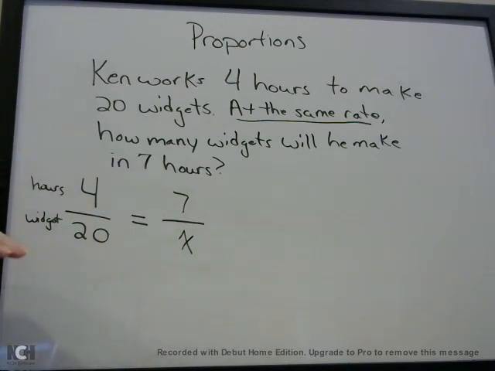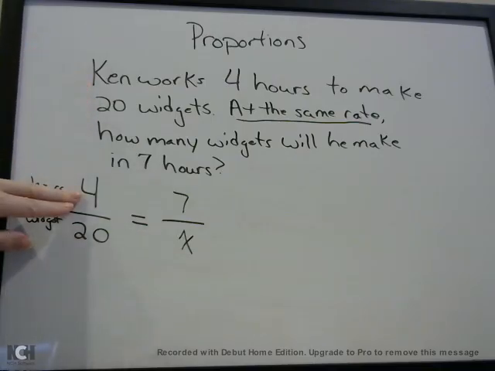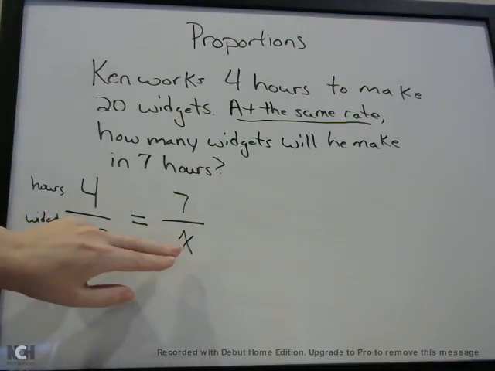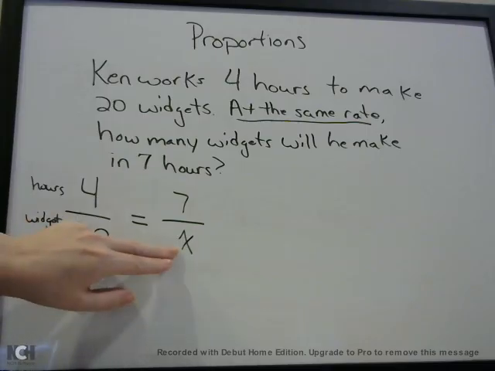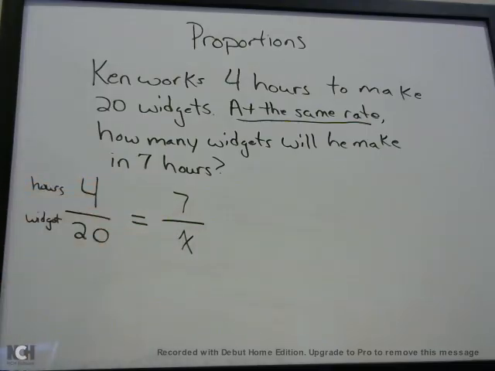I'm just showing you how to set the problem up, where you look at the first part of the problem, 4 hours, 20 widgets. At the same rate, how many widgets will he make in 7 hours? We don't know how many widgets, so we put that on the bottom, 7 hours on top. Now we're going to do essentially the same thing we did in the last problem: what makes these two ratios or fractions equal?